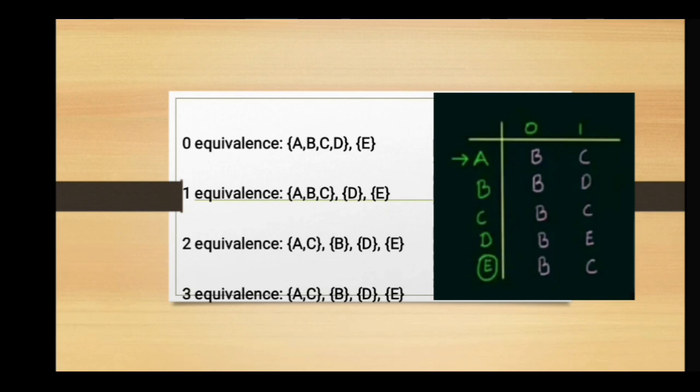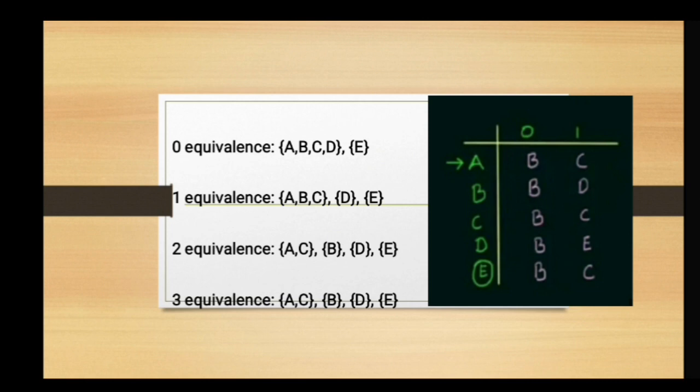So separate D, since A and D are not equivalent, and then we copy E since there's nothing to compare it with.